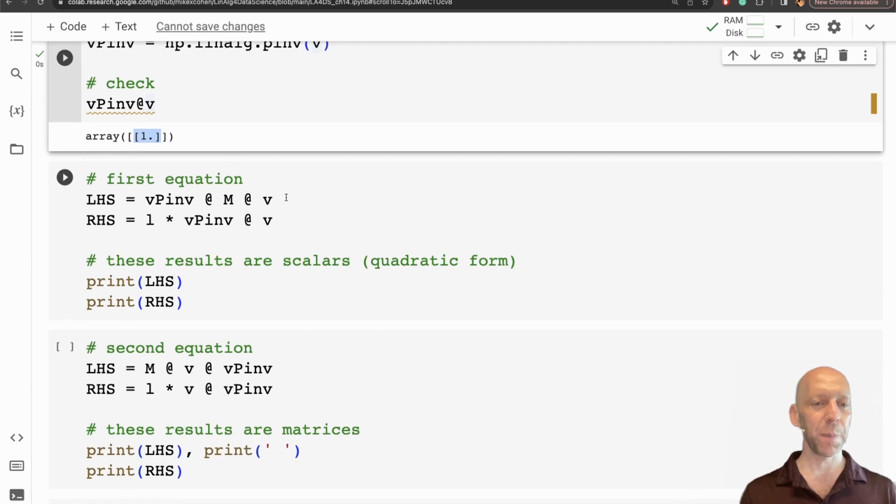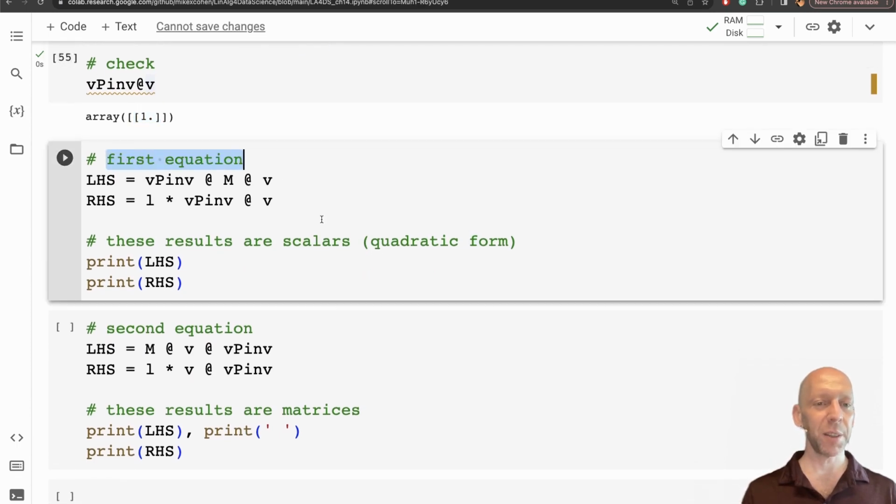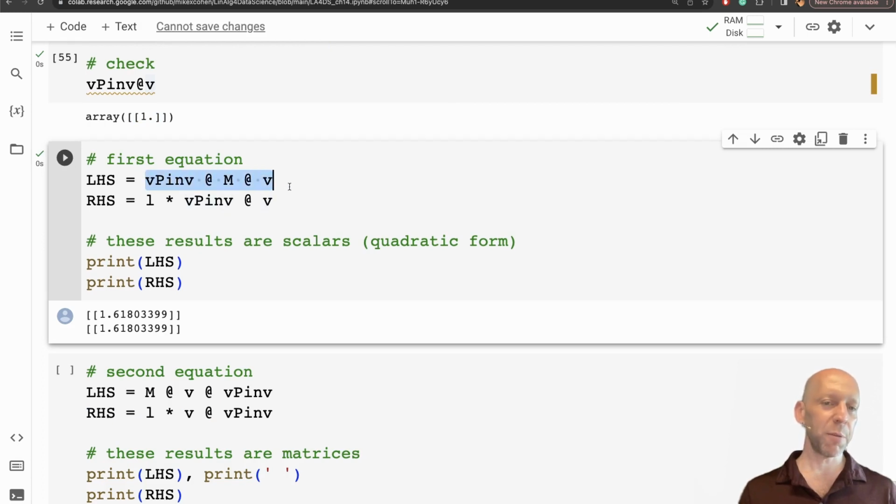Okay, here we get to the first equation that I showed in the book chapter. So this is basically a quadratic form on the matrix M with V pseudo-inverse to the left and V to the right. And then, yeah, that is the same as just the pseudo-inverse times the vector itself scaled up by the eigenvalue. And you see that those two are the same.